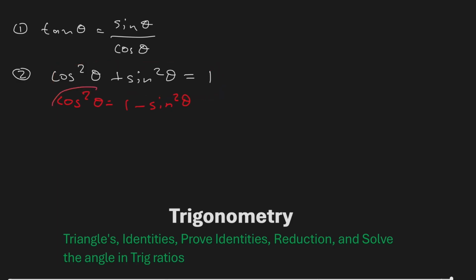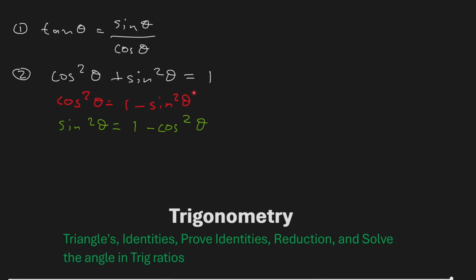If you have cos squared theta, you can represent it as 1 minus sin squared theta, and if you have 1 minus sin squared theta, you can represent it as cos squared theta. You can also make sin squared theta the subject of the formula, and you can represent sin squared as 1 minus cos squared theta. This is what you get when you transpose.